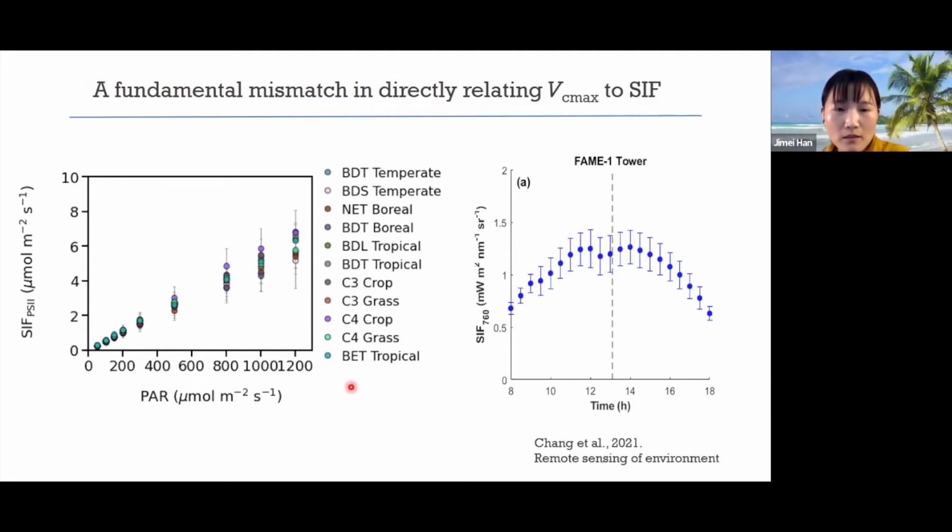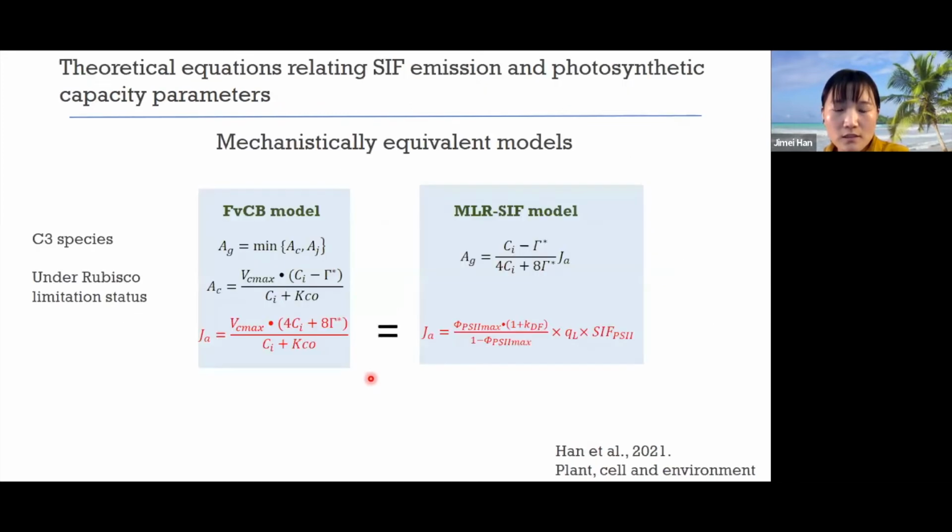So to better understand the causes of the discrepancies of the existing studies and develop a mechanistic solution to infer Vcmax and Jmax using SIF, we first sought to establish a theoretical basis that links Vcmax, Jmax, and SIF by balancing the actual electron transport rate derived by the FVCB biochemical model and that derived by our mechanistic light reaction model.